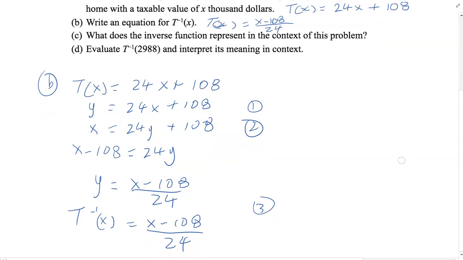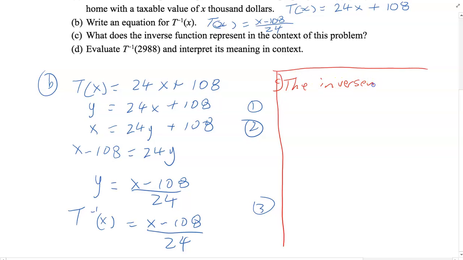Okay, so what does the inverse function represent in the context of this problem? The inverse function represents not the property tax, but the taxable value of the house.